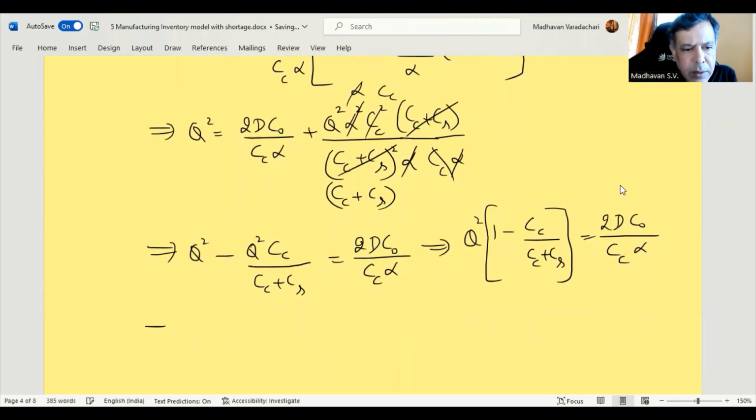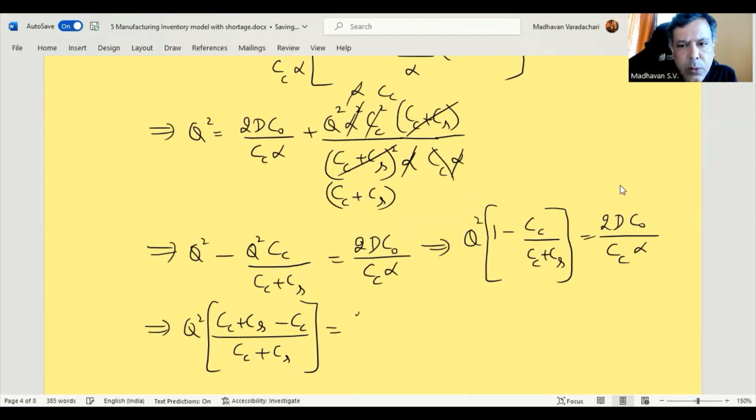Now, in the left hand side, take the LCM as Cc plus Cs. So here you will have Cc plus Cs minus Cc is equal to 2dCO divided by Cc times alpha. So now this Cc and this Cc gets cancelled. So you will have Q square is equal to, I will take this to the numerator in the right hand side.